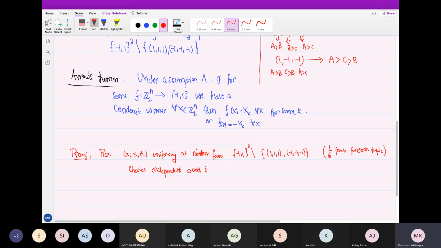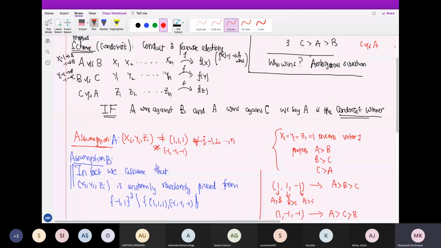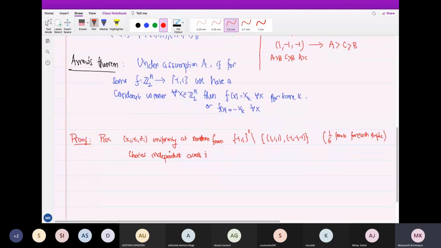So this is the same as the uniform distribution on all possible plus-minus ones here, subject to the following condition. There are 6 to the power n possibilities, and we are picking all of them equally at random. So that is what we do, and under this we will calculate the probability.